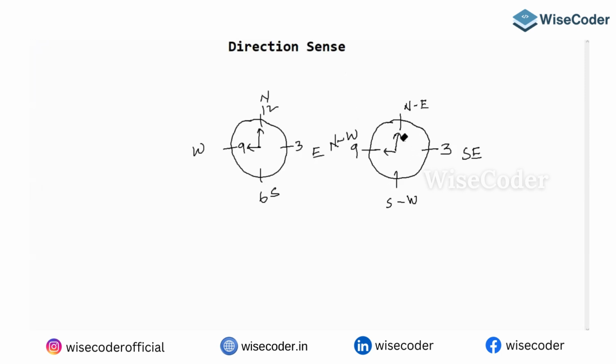The smallest one will show, so you need to change the direction. This is the hour hand and this is the minute hand. When the time is 3 o'clock, this shows southeast. So the answer for this question is southeast.